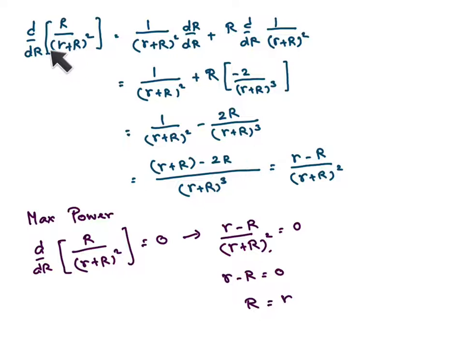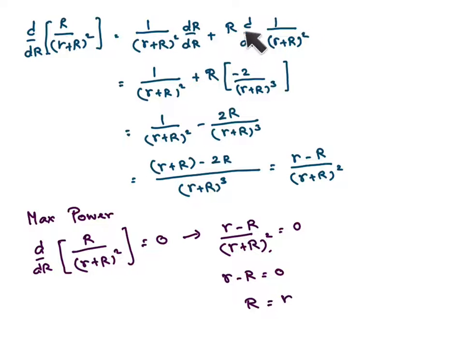To do the derivative, we can use the product rule. The term R over (r plus capital R) squared is a product of R and 1 over (r plus R) squared. When we calculate the derivative, we do the derivative of each term in the product separately. The derivative of R over R is just 1.